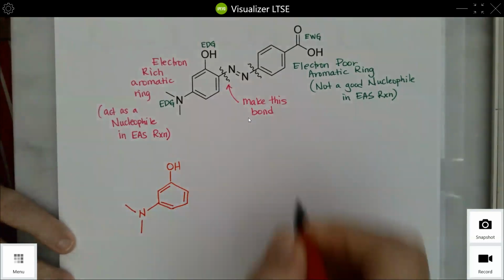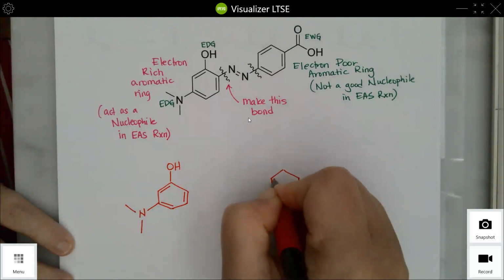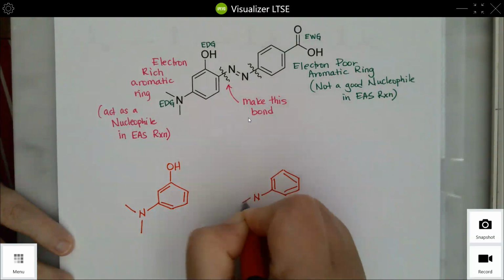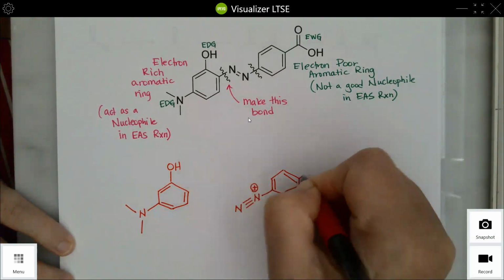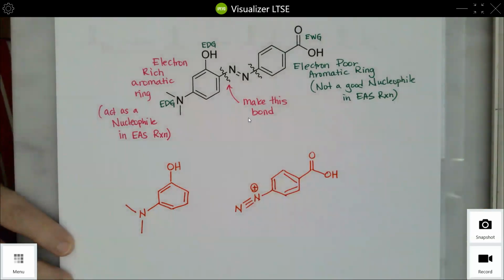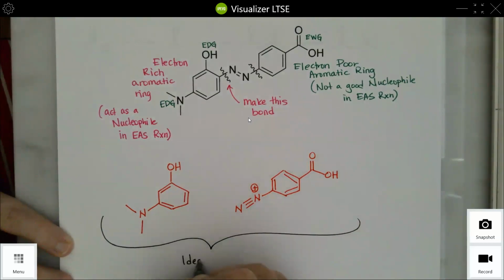And then on the other side, we're going to have the other aromatic ring. It's going to have the diazonium salt attached to it and whatever electron groups attached to the ring as well, right? So these are the ideal reactants.